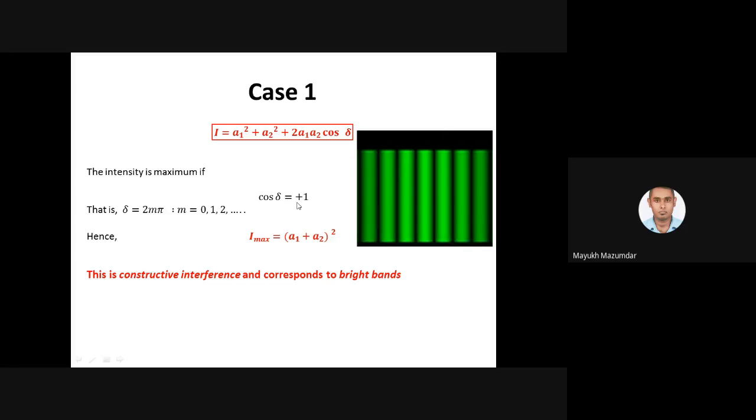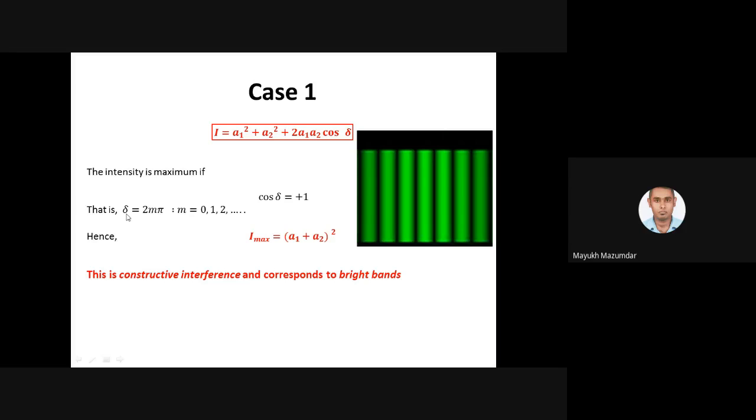Cos delta being 1 doesn't mean that delta can only be 0. We say that cos 0 is 1, when we are considering the range of 0 to 90 degrees. But in reality, cos 0 is 1, cos 2 pi is 1, cos 4 pi is 1. For all those angles, cos theta is 1.